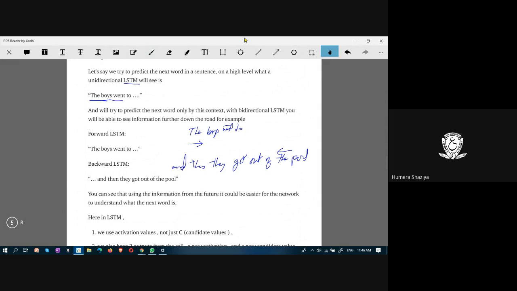Sometimes there are some words whose context can be decided based on the neighboring words.